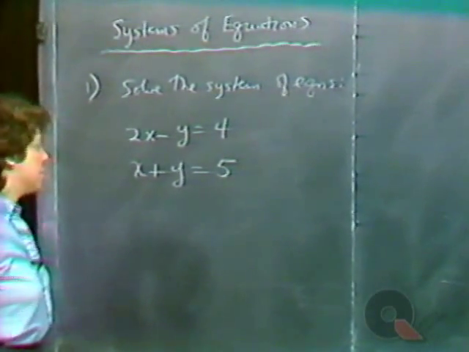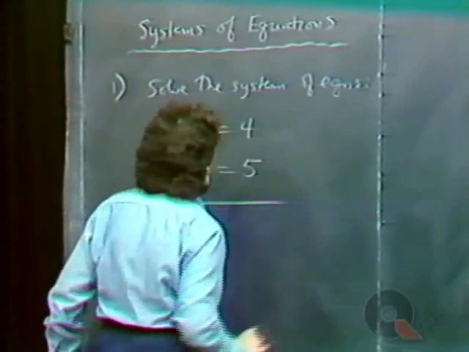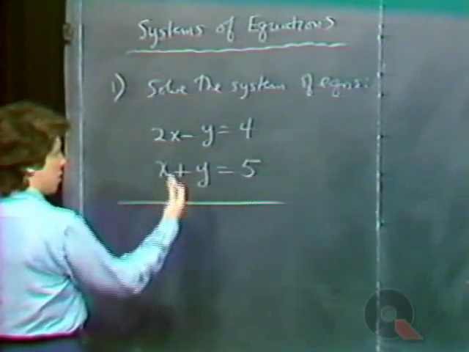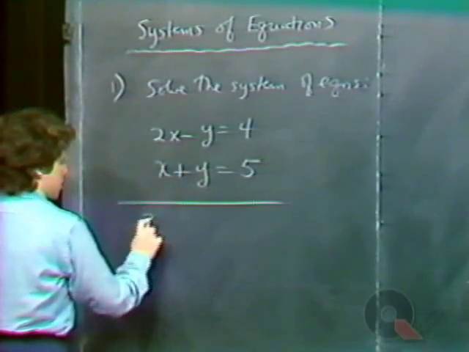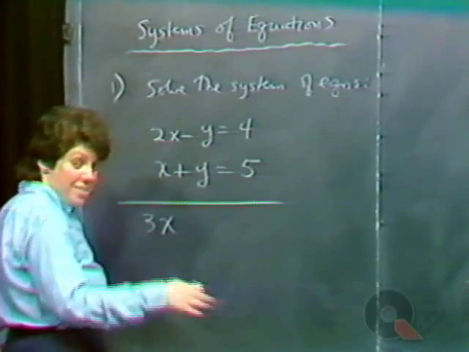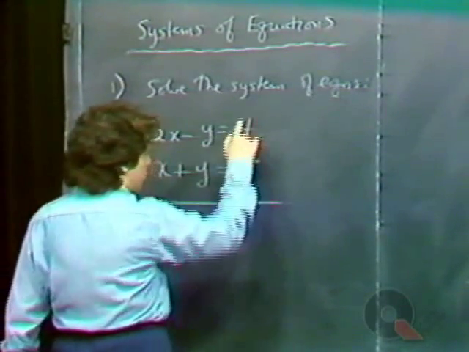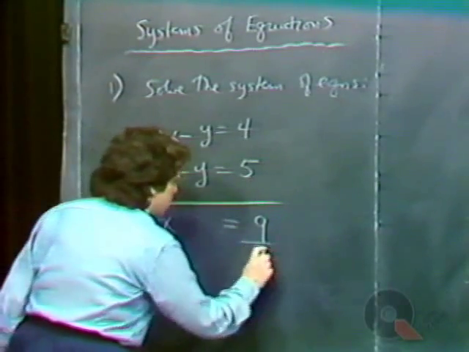It really lends itself to the elimination technique, because if we were to add the two equations, 2x plus x gives us 3x, minus y plus y, the y drops out, that is, it's eliminated, equals 4 plus 5, which is 9, and we immediately can solve for x.